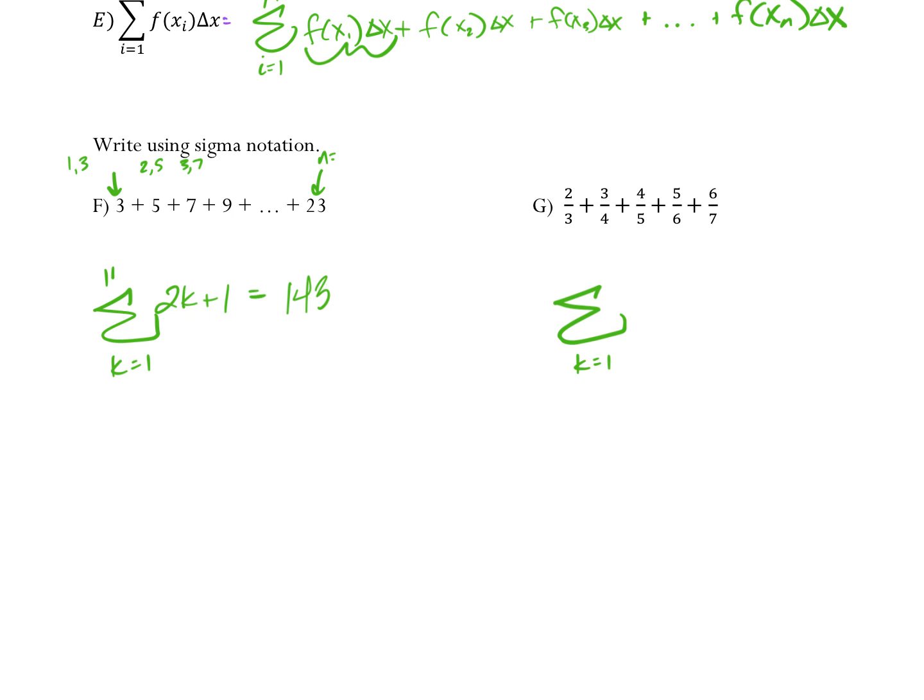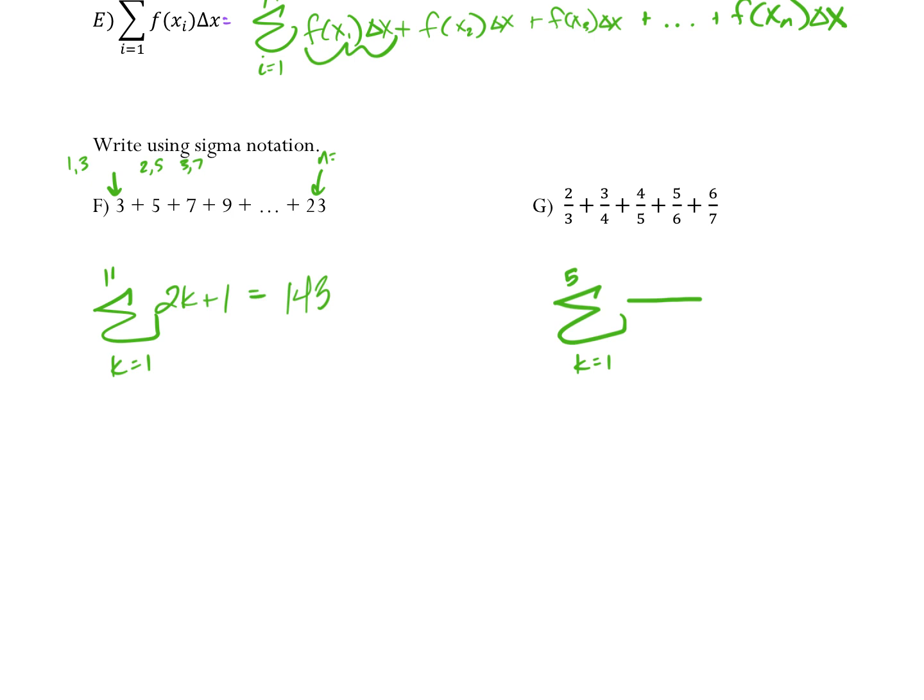No. In this one, it is easy to figure out the last term. I have 1, 2, 3, 4, 5 terms. So it's the fifth one, n equals 5. I'm adding the first through the fifth term.